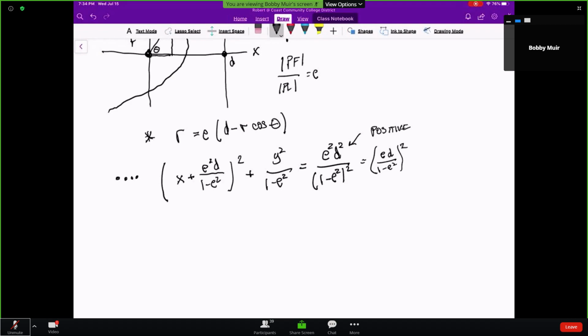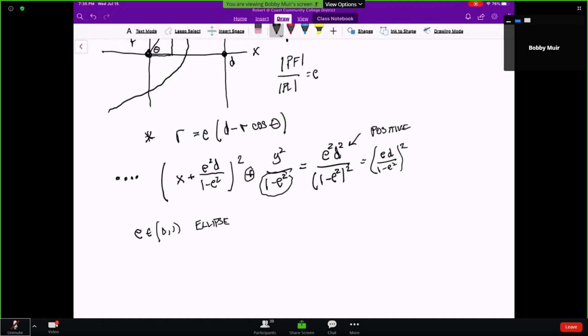Okay, so this thing, if E is a number that is less than 1, but bigger than 0, then this would be a positive, meaning you have a positive in here. So if E is between 0 and 1, we have an ellipse.